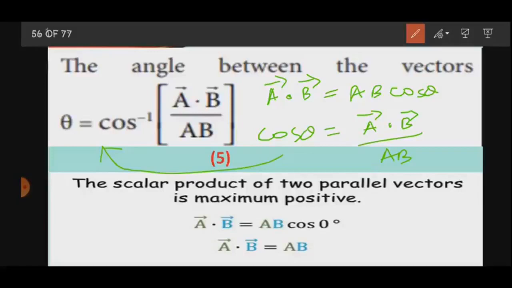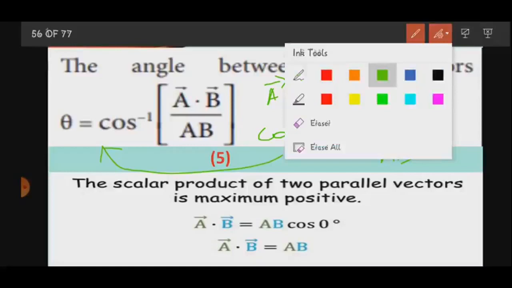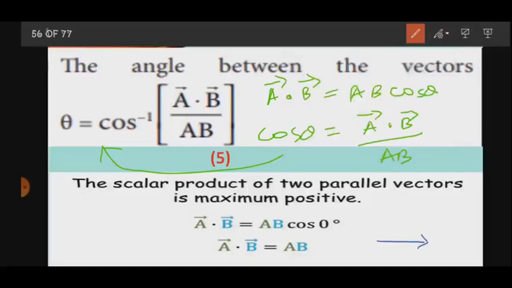Then the scalar product of two parallel vectors is maximum and positive. The scalar product of two vectors will be maximum when both the vectors are parallel. Now listen, A vector and B vector are both in the parallel direction.